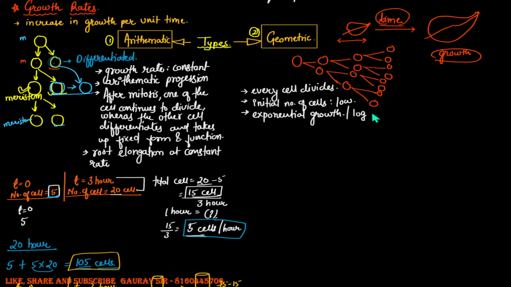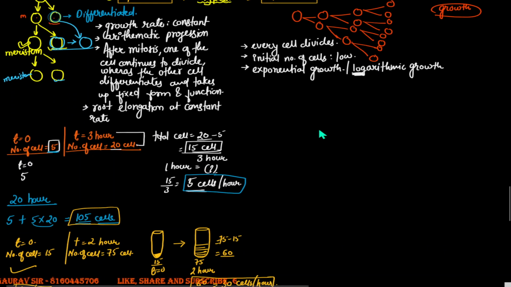You can also call it logarithmic growth, or if you shorten it, log growth. When this type of growth is plotted on a graph, it shows us a sigmoid curve, right?